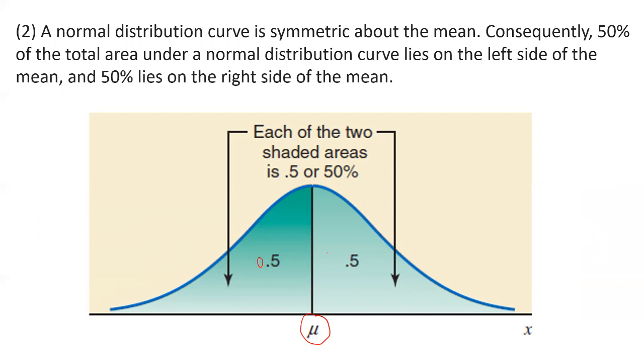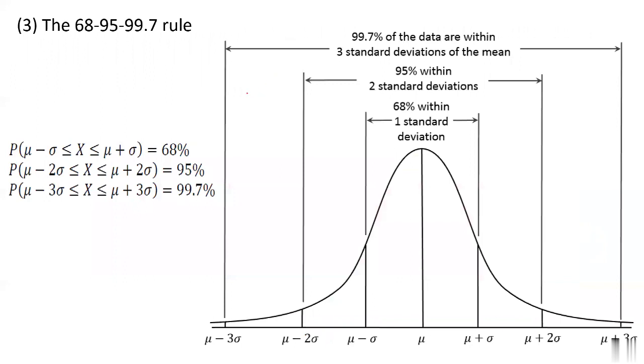And on the right-hand side of the mean, the area is also 0.5. So on each side, the probability is always 0.5. That means 50% of the total area under the normal distribution curve lies on the left-hand side of the mean, and 50% lies on the right-hand side of the mean.